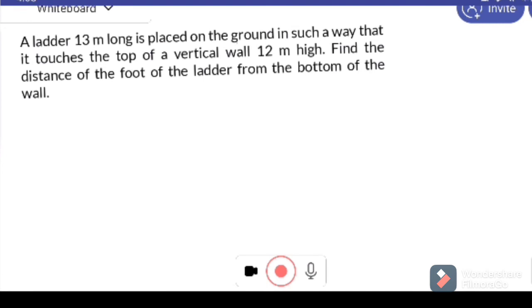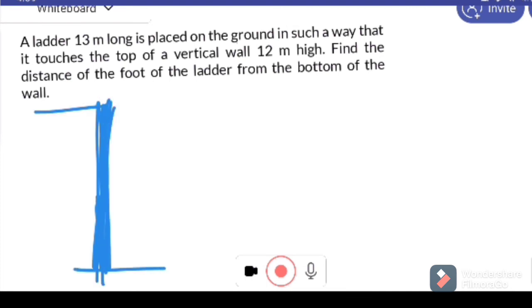For our problem, let's have this given. A ladder 13-meter long is placed on the ground in such a way that it touches the top of a vertical wall 12-meter high. Find the distance of the foot of the ladder from the bottom of the wall. So let us first sketch the problem. Vertical wall, perpendicular to the ground.